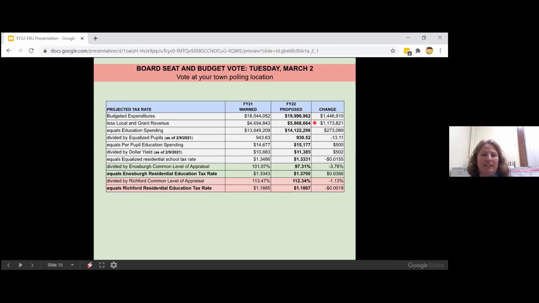Then the next line is our revenue, and we've talked about the amount of money that we had coming in. What you do is take the first line and subtract the second line, and that gets you the third line, which equals education spending. I should point out that the first line, the expenditures, is the line that the school board has the most control over.